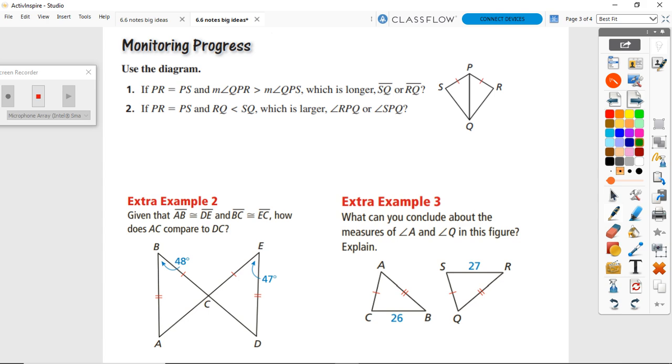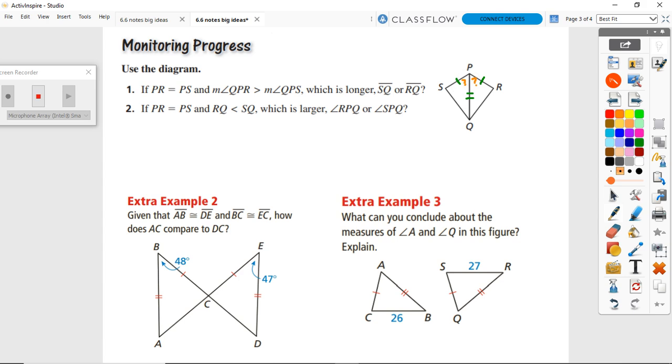All right, welcome back. So in the first one, we got PR being equal to PS, so that's given. And we know that we can always go reflexive there in the middle. The measure of angle QPR is greater than QPS, so they're telling us something about those two angles right there.